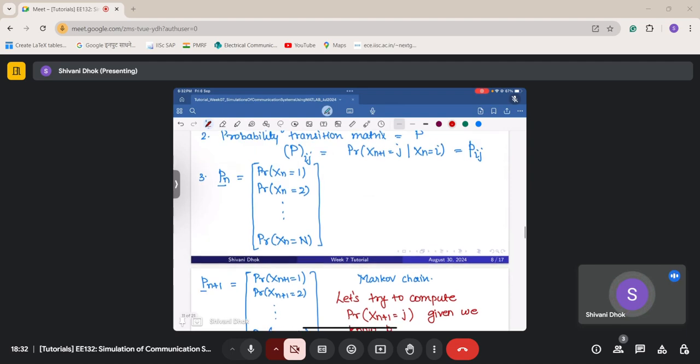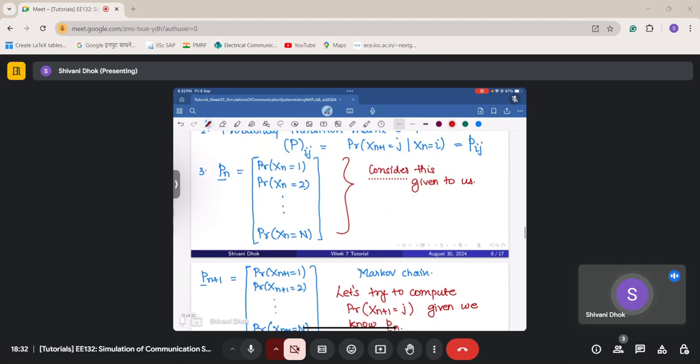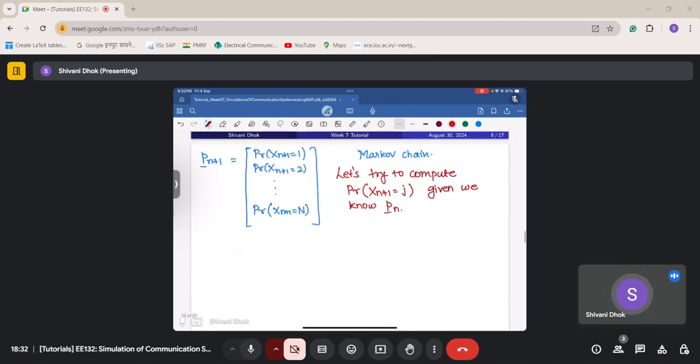So this vector is given to us. Using this, we need to figure out what is the probability that at the n plus 1th time instant, we are at state j.